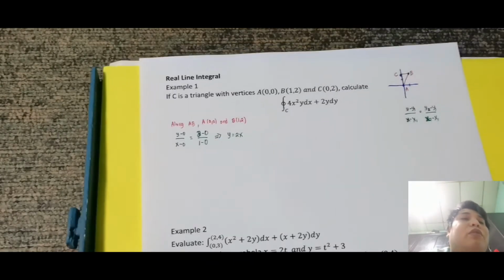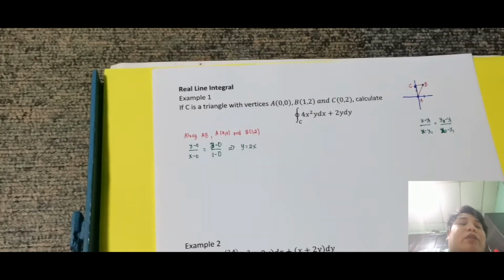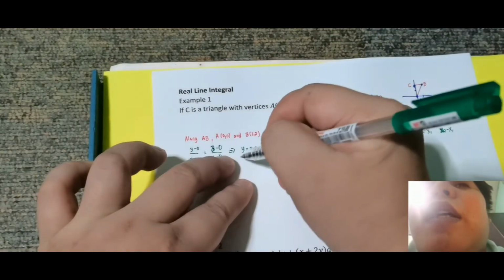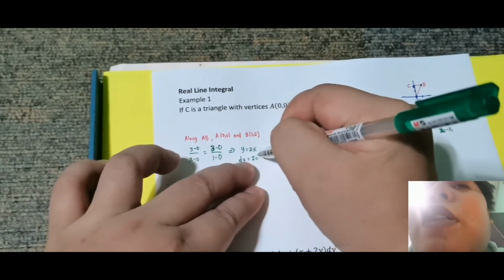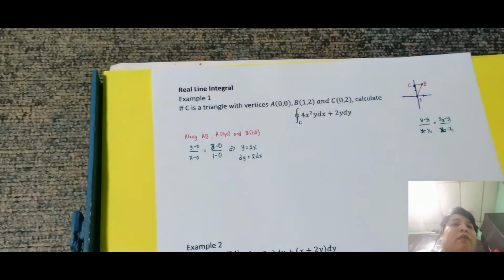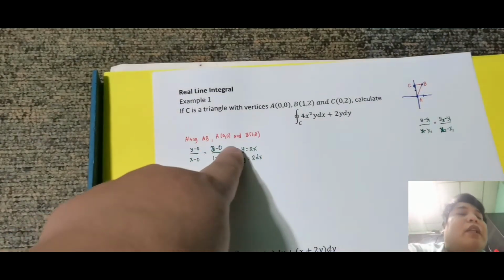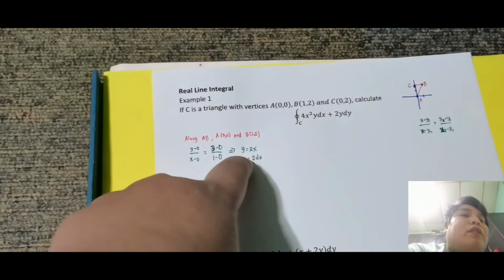Ngayon, anong gagawin natin sa y is equal to 2x? Kukunin mo yung kanyang differential. So what is the differential of this? This is dy is equal to 2 dx. Derivative ng y is dy, derivative ng 2x is 2 dx.